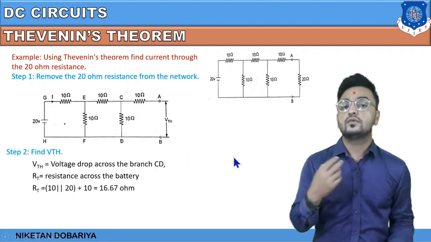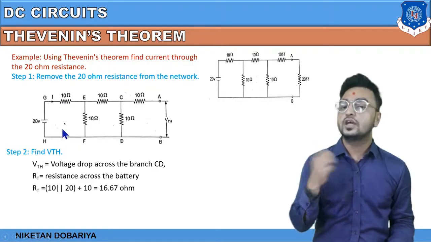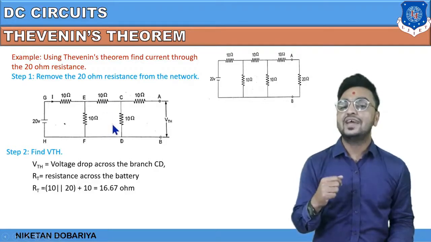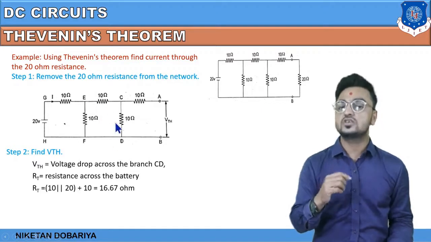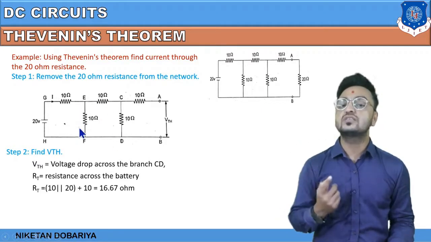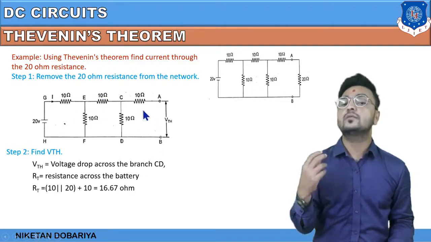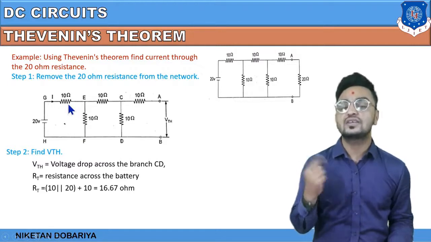So if we measure the total resistance across this battery and observe the diagram, this 10 ohm and 10 ohm are in series connection, and this series connection is in parallel with this 10 ohm. Again, the equivalent resistance of this circuit is in series with this 10 ohm.